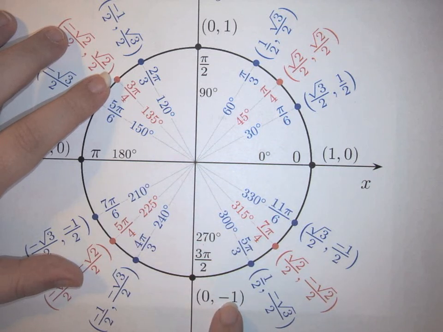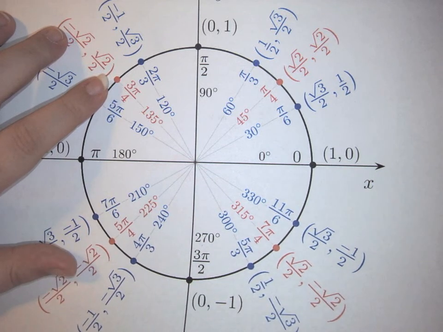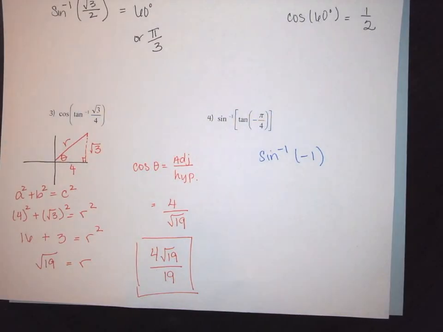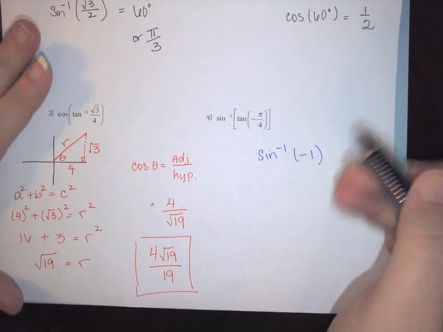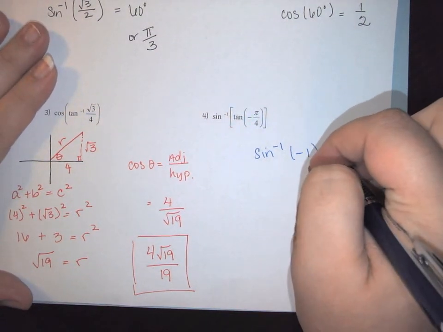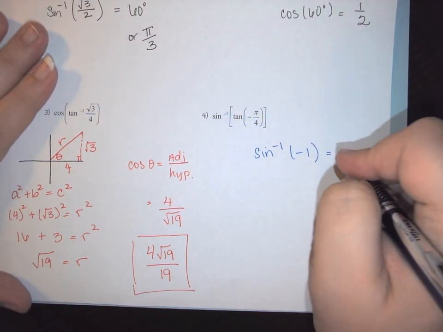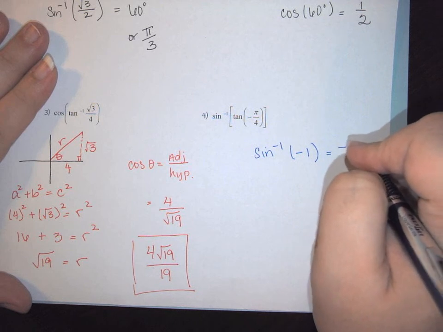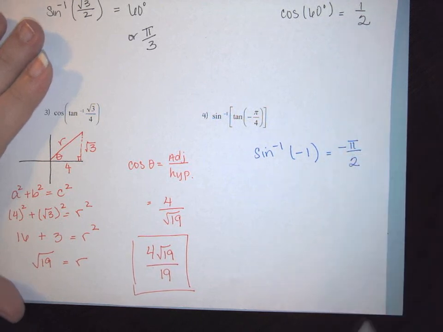And so here would be my negative 1 y value. And so what do we know about this? We know this is negative pi over 2. And so here we would end up having that my inverse sine of negative 1 is negative pi over 2.